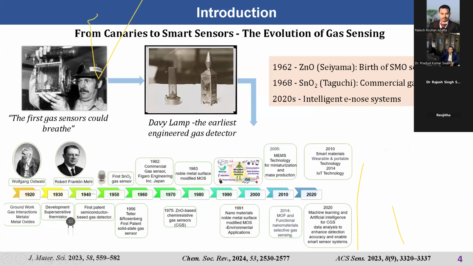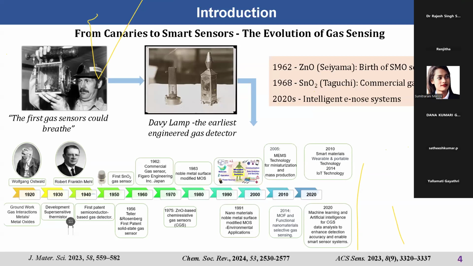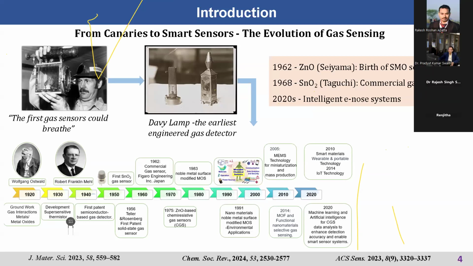Thank you. So after 1960, a lot of work has been done on developing gas sensors for various applications. From 1990 onwards, people started decorating oxide materials with metal nanoparticles. Noble metal is used for this purpose. The interesting thing is that noble metals have a catalytic effect that increases the responses of gas sensors.